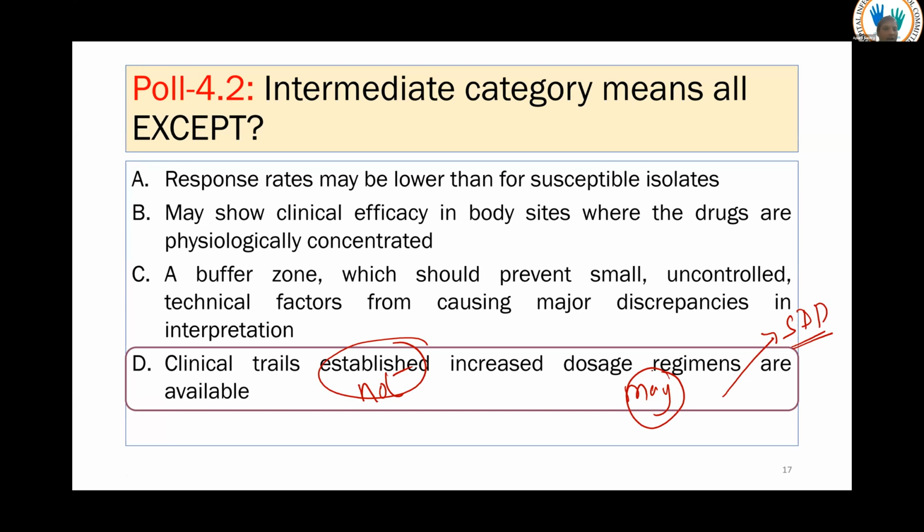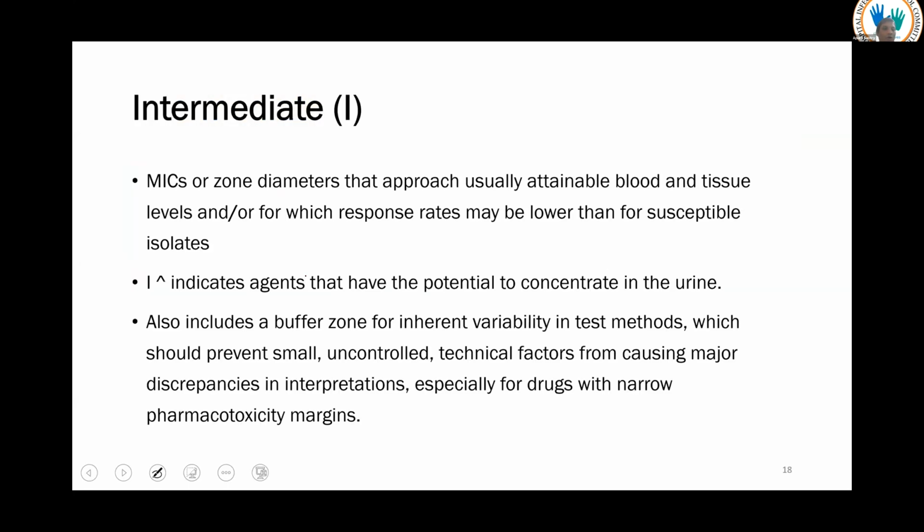Rest all are correct. The response rate of intermediate strains is lower than the susceptible strain. They show clinical efficacy in the body sites where the drugs are physiologically concentrated, and it is a buffer zone to represent a technical error. So these are the explanations of intermediate. It is a buffer zone.